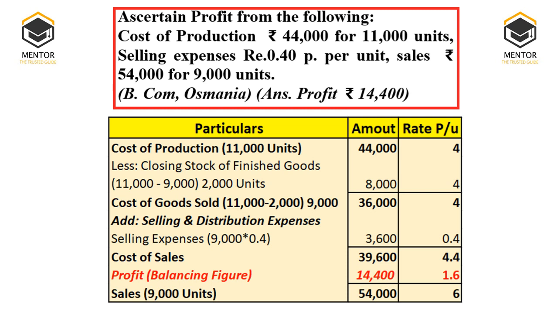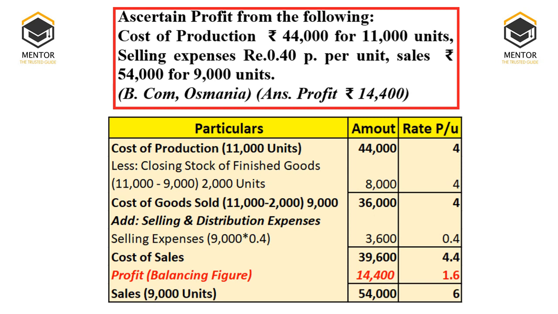Alright. Then once we write the sales, the balancing figure will be taken as profit, right? That is 14,400 rupees, which is 1.6 per unit. 14,400 is the balancing figure, right? So in this way we will solve the problem of unit or output costing.